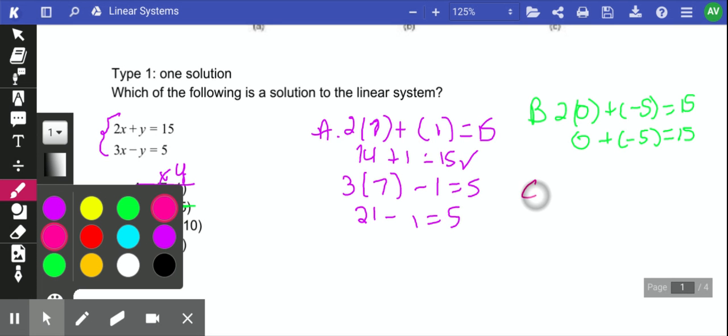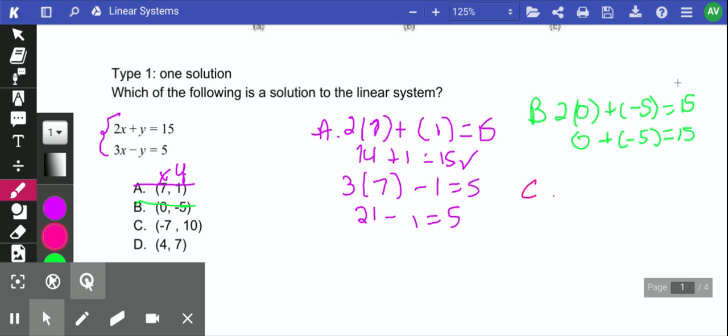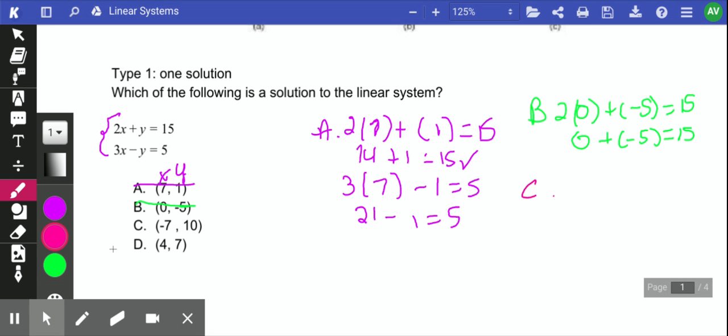Let's try C. So notice on this one, we only had to try the first one. As soon as one of them doesn't work, you can get rid of the answer choice. Let's try C, negative 7 and 10. So I have 2 times negative 7 plus 10 equals 15. 2 times negative 7 is negative 14. Negative 14 plus 10 is not 15, it's negative 4. So C is not the answer.